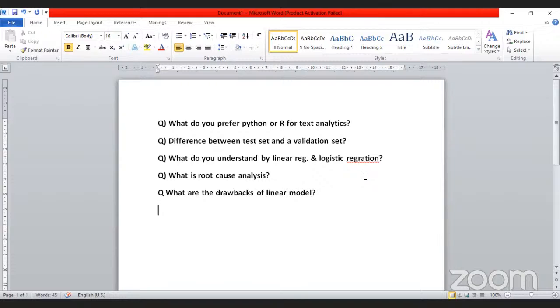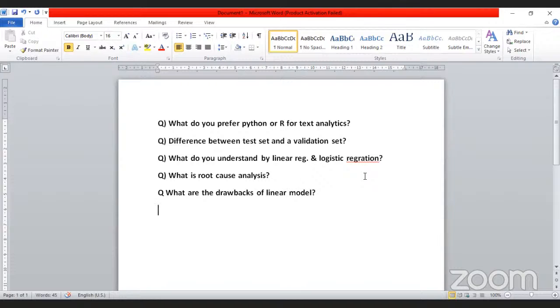We have assumptions for the linear model: there is no multicollinearity issue in the input data, there should always be linearity between input and output, errors should be randomly distributed, and there is no connection between the errors. We have to always satisfy these conditions. So these are the drawbacks.